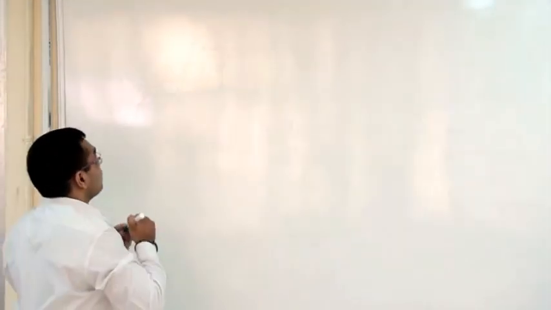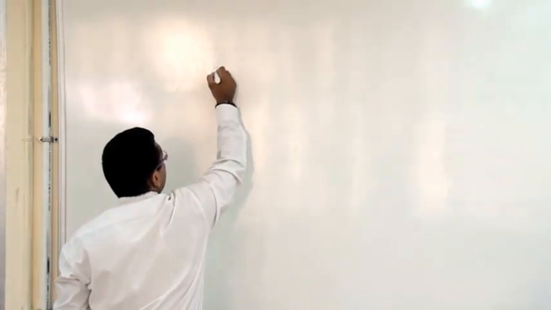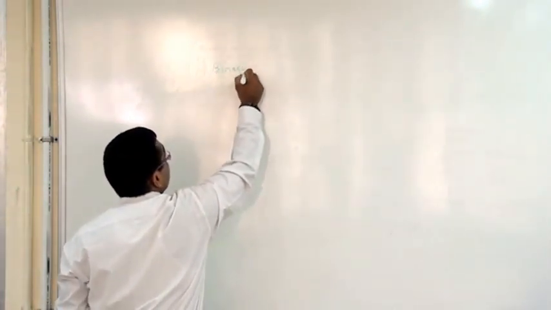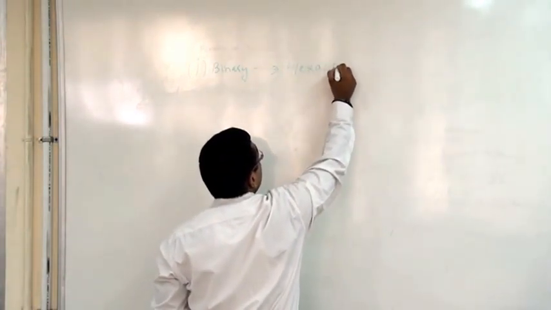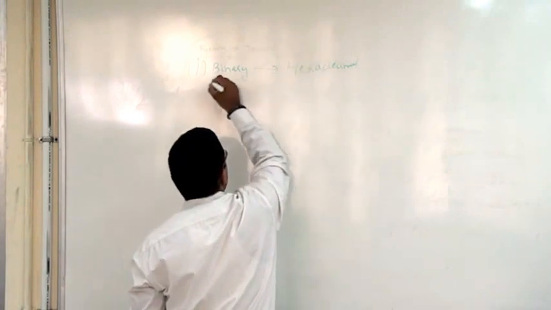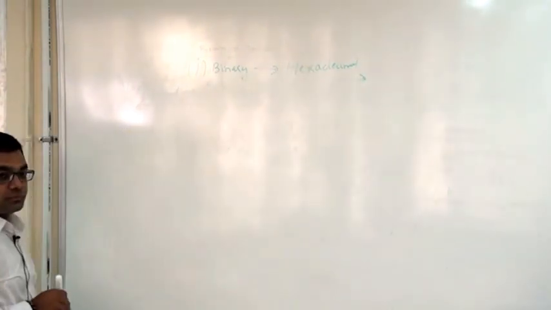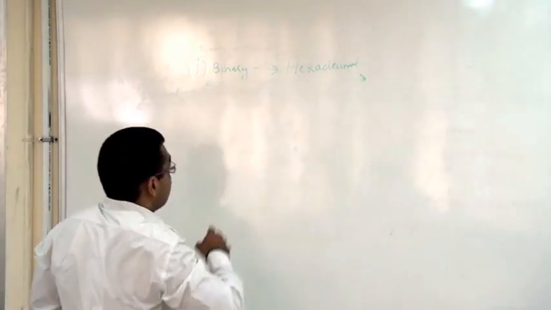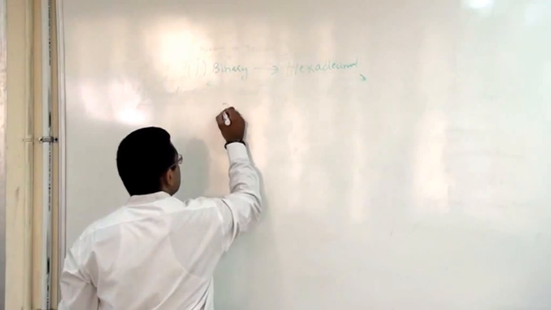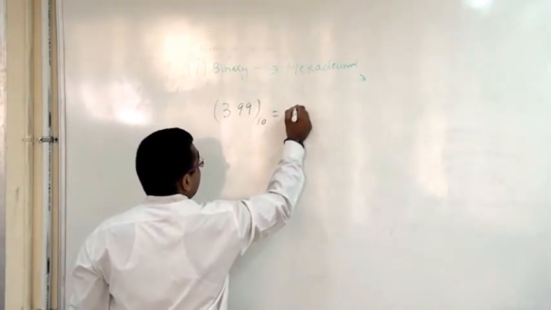Now we talk about the concept of binary to hexadecimal. So, for example, we were given the number 399, and we want to convert to binary.